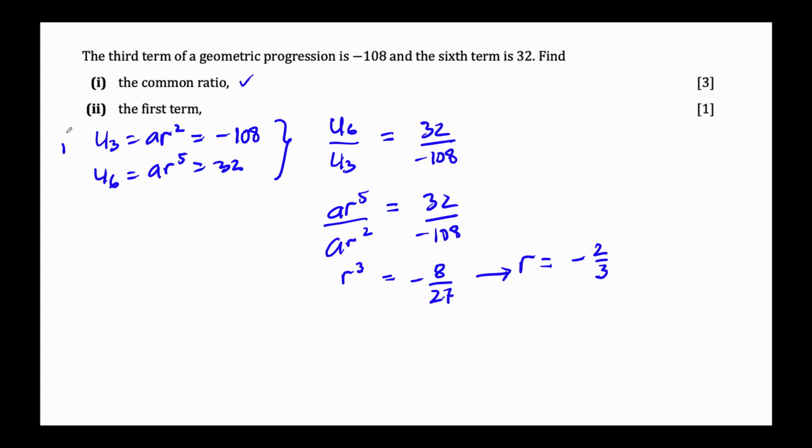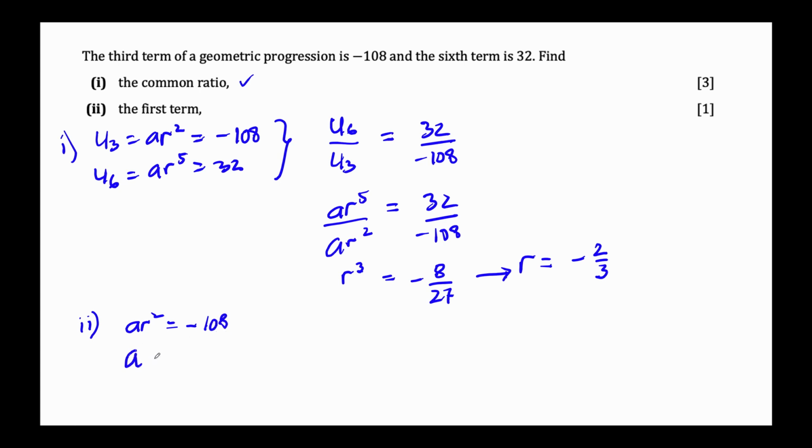Now, since r equals negative 2 over 3, which already answers the first question, for the second question we can find the first term using substitution into u3. So u3, ar squared, equals negative 108.